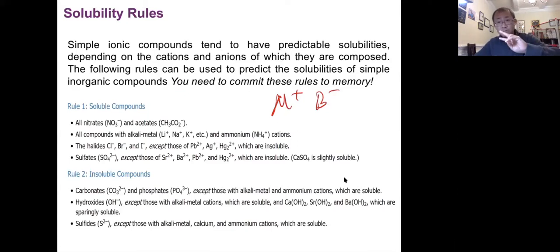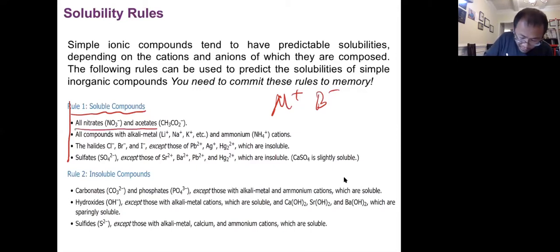That's why we have two parts. Let's take a look at the first part and how we use the rule. Part one, take a look at the title: soluble compounds, meaning most of the compounds in rule one are soluble. They will dissolve in water. There are some exceptions. Exception means sometimes they don't. Most times they do, but sometimes they don't.